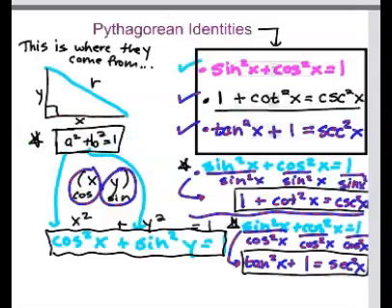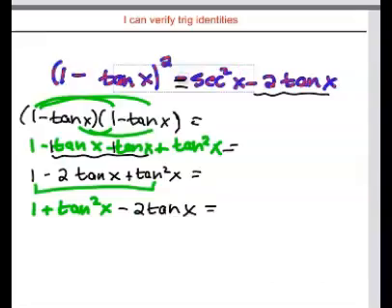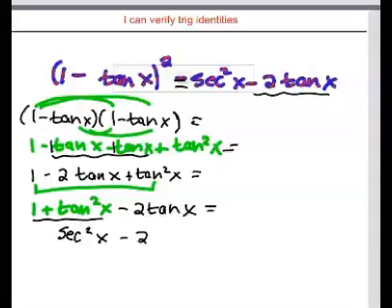So it's that last one, that tan squared plus 1 equals secant squared. So tan squared plus 1 is equivalent to secant squared. And now the left side looks like the right side.